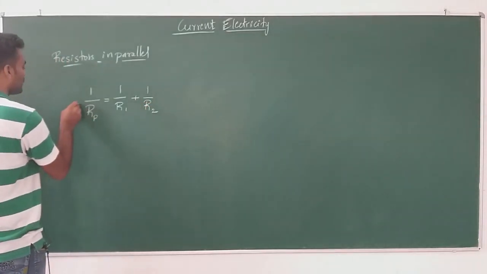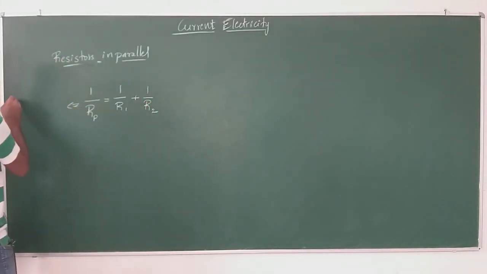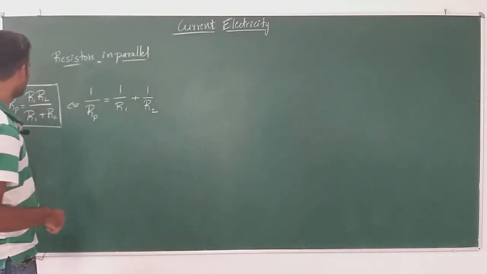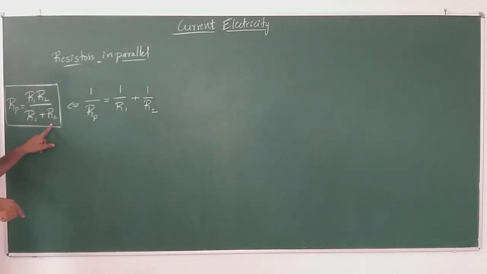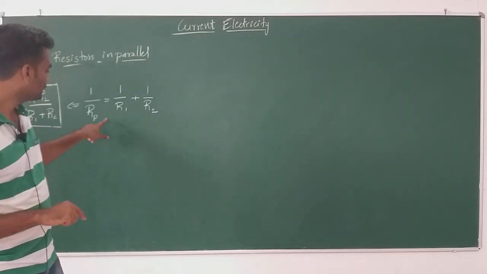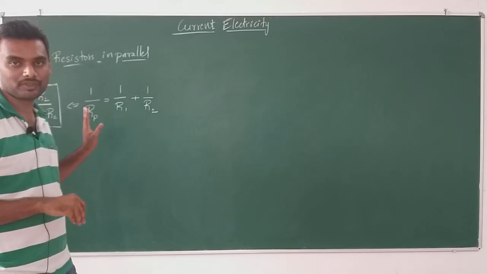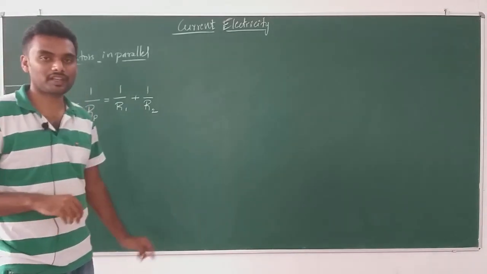The other way of expressing it will be Rp is equal to R1 R2 by R1 plus R2, right. So this is the final expression for effective resistance of two resistors connected in parallel. Okay. And this is also a valid expression, but this is the final expression of the derivation. So, this is for two resistors connected in parallel.